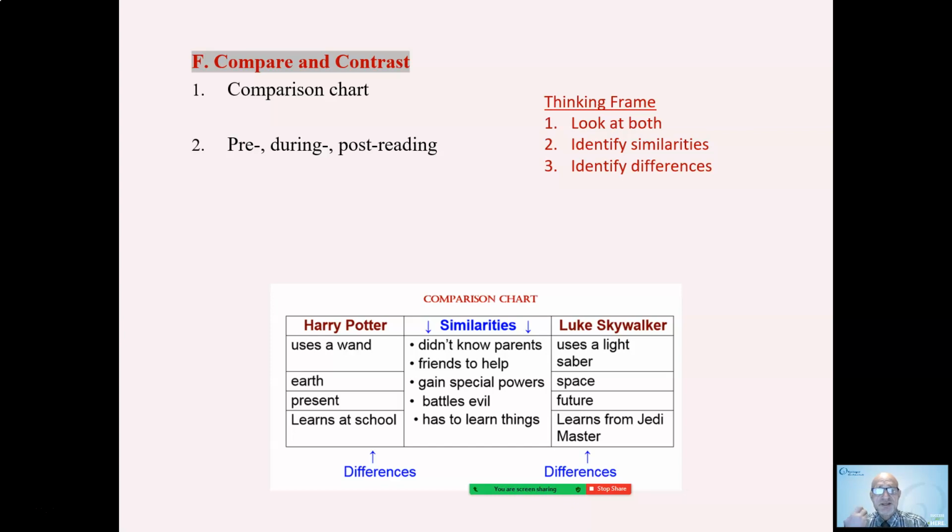So as a pre-reading activity, again, they're reading for purposeful intent. Look at both of the things, find the similarities, and identify the differences. Compare and contrast. And I would do this several times in large group, all of these, depending on the age.